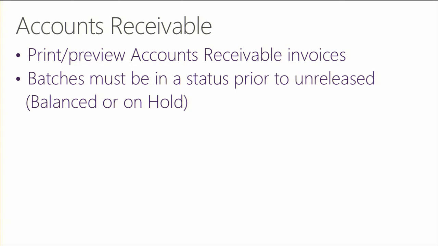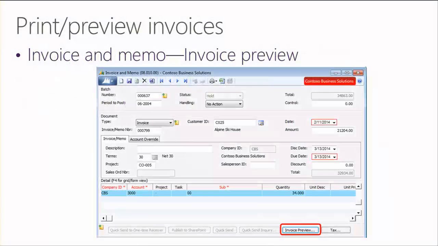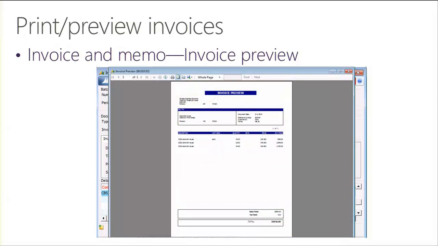Once you click the invoice preview button, you'll be able to see the preview of the invoices, and if I had multiple invoices in that batch, I would be able to toggle between all the invoices in the batch. So that's very nice, but we went a step further using Quick Query.